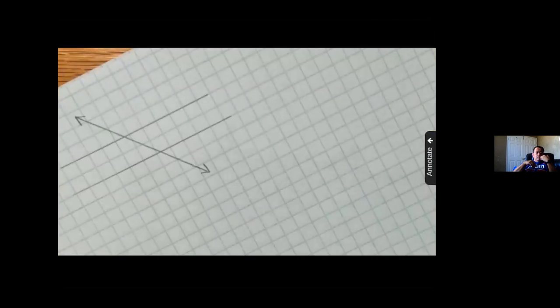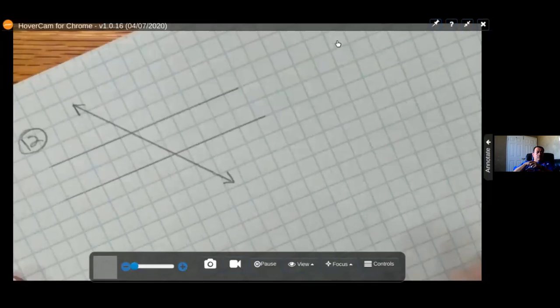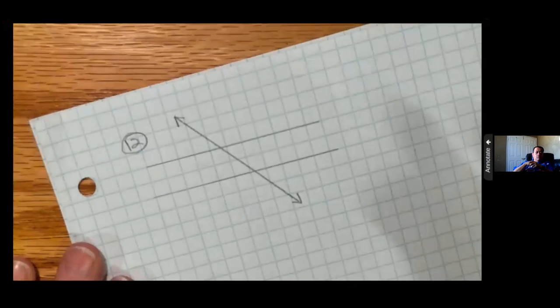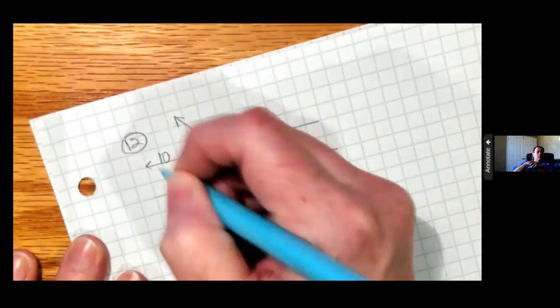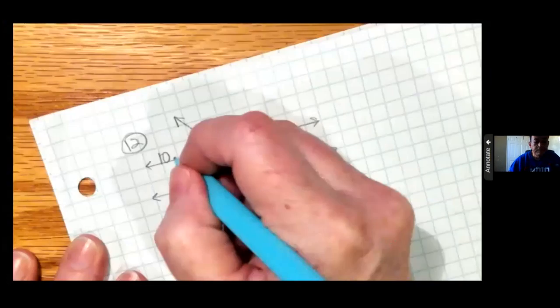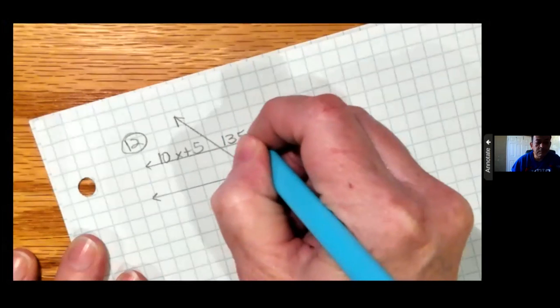So if you can see those, all right, go big. Okay, so, I increased my thing a little. All right, so we have number 12: 10x, there's arrows here too, x plus 5, and 135. Who can tell me what kind of angles you guys are?